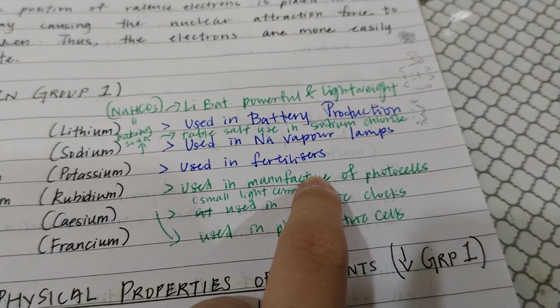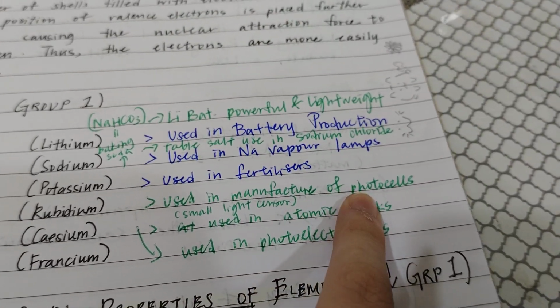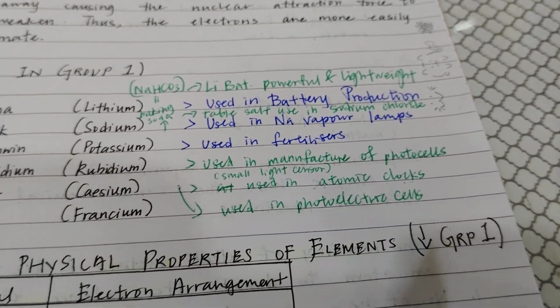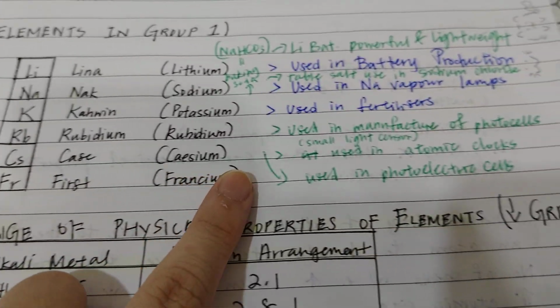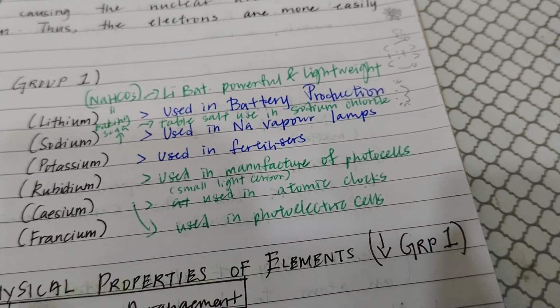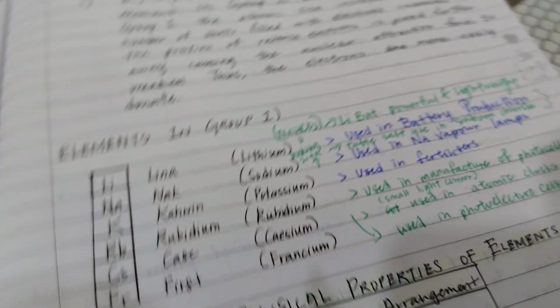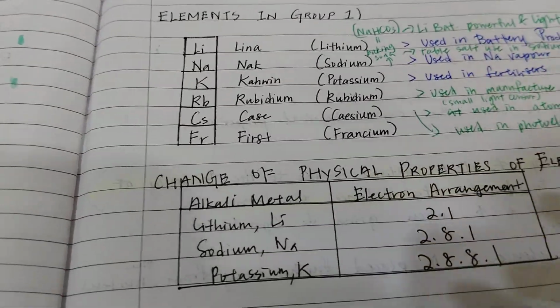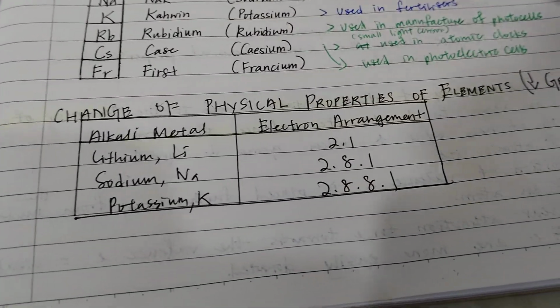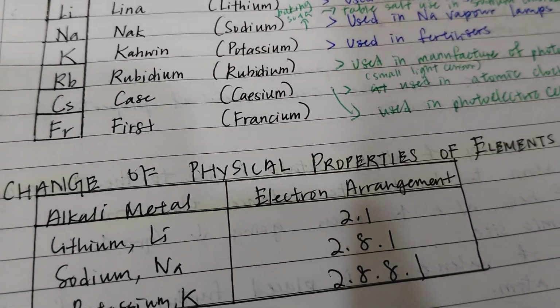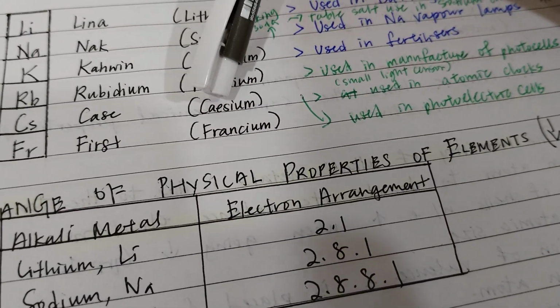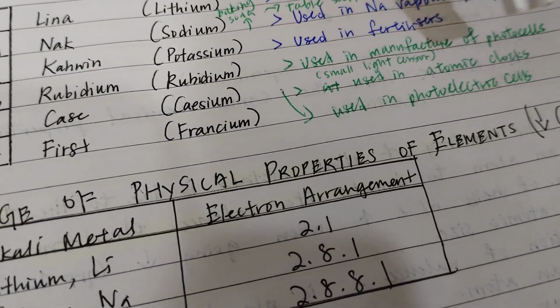Rubidium can be used in the manufacturing of photocells, which is like a small light sensor. Meanwhile, caesium can be used in atomic clocks, which are very, very accurate because they go by vibrations and whatnot. Now, francium has no usage, and going back to caesium, it can be used in photoelectric cells.